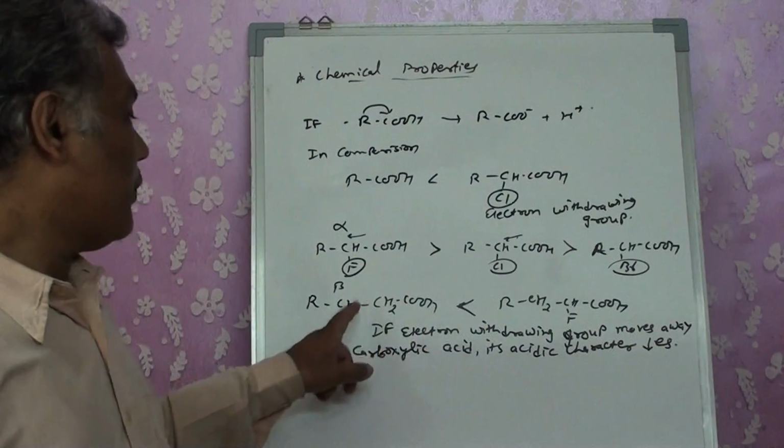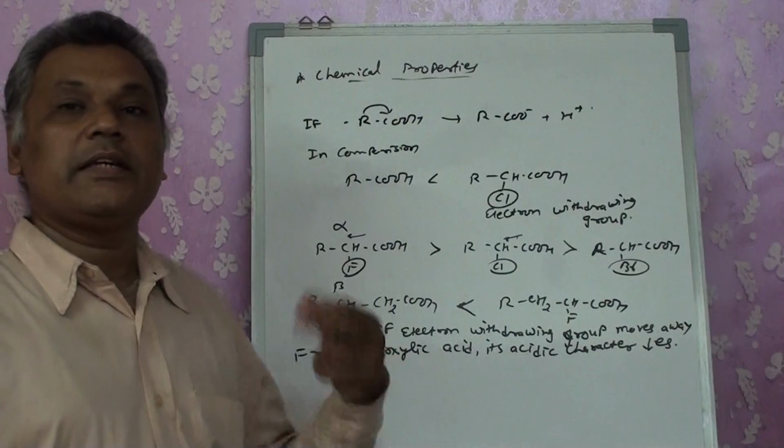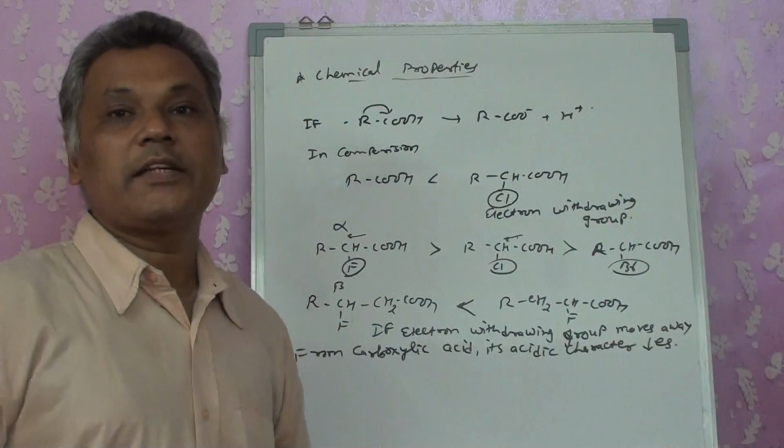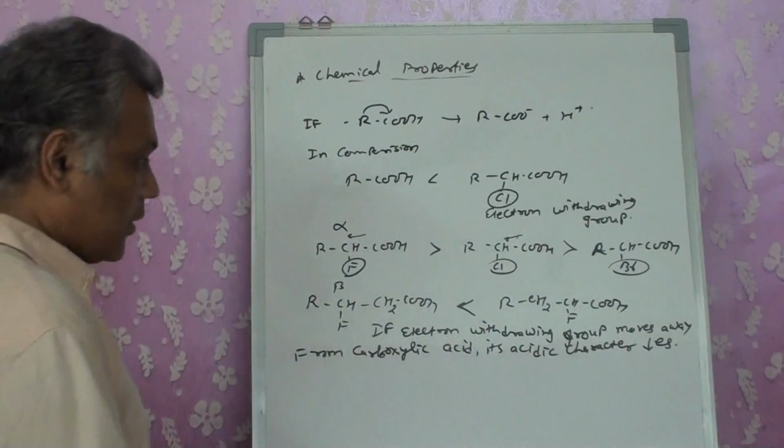So alpha to beta to gamma to delta, acidic character will keep on decreasing. Fluorine, chlorine, bromine, the acidic character increases, right?